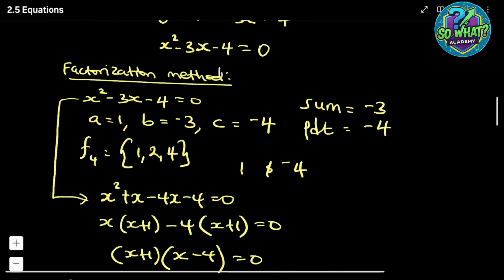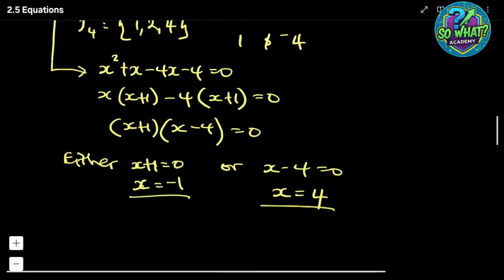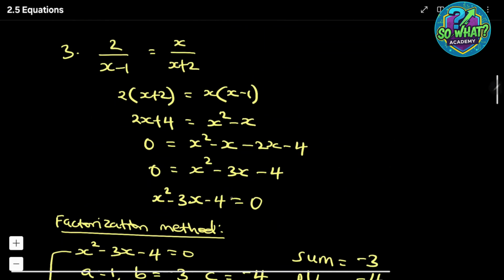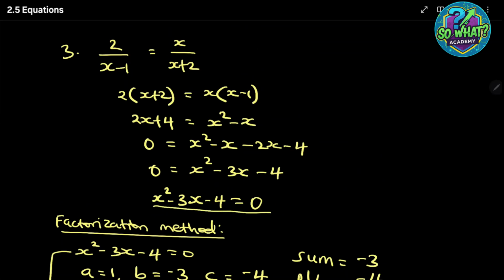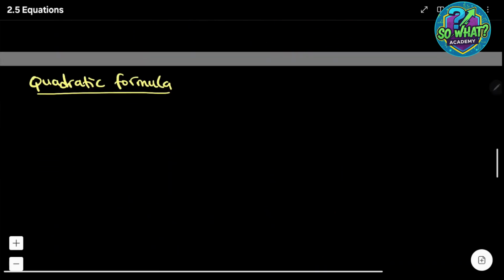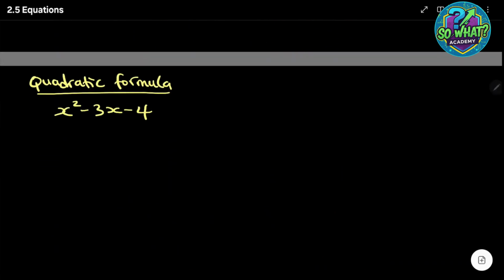It's x squared minus 3x minus 4 is equal to 0. So I'm going to start from this stage. We've cross multiplied, we've expanded, and we've reached here. So I'm going to start from this x squared minus 3x minus 4 is equal to 0.